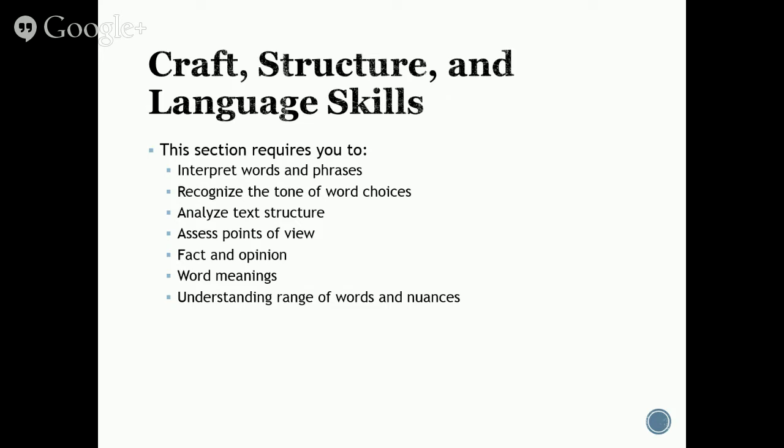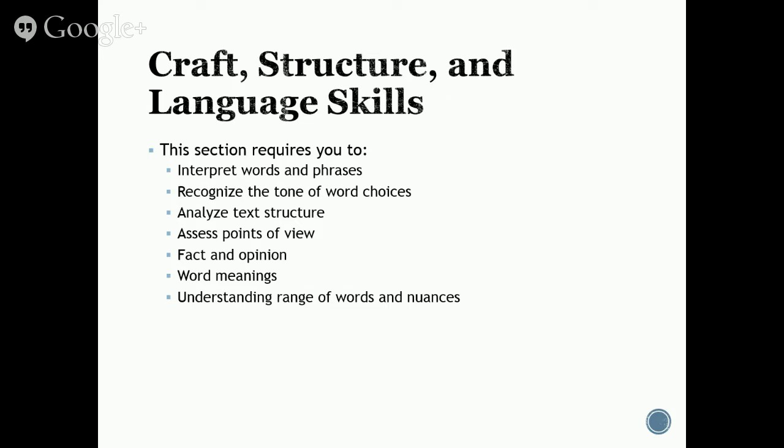That kind of thing is what you're going to be looking at with the tone of word. The text structure, is this an informative text? Is it a persuasive text? Are they telling a story? That kind of thing. Your points of view. Remember, your point of view is always going to be, is it first person, second person, third person point of view?